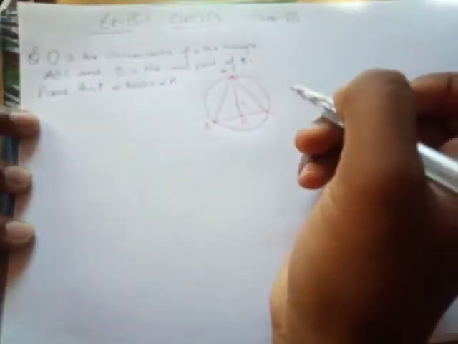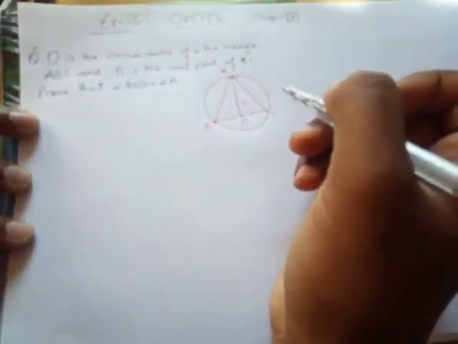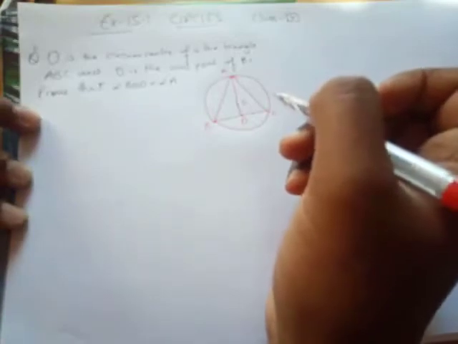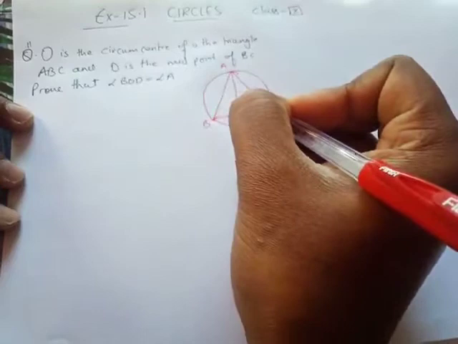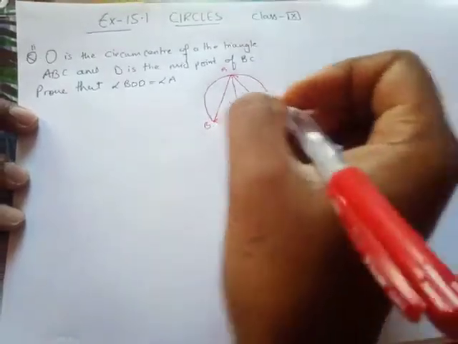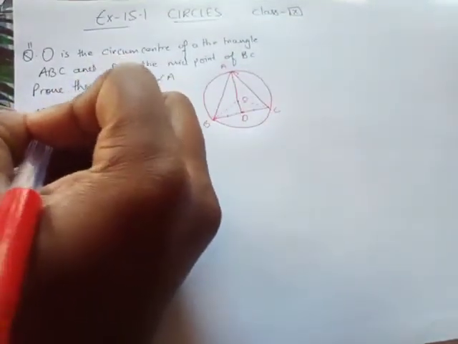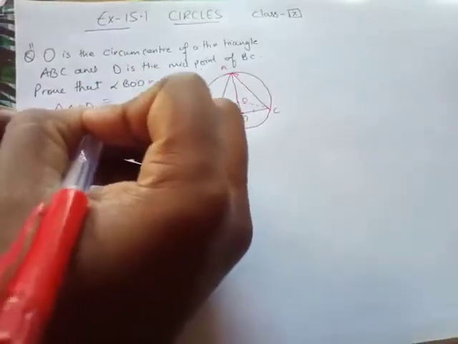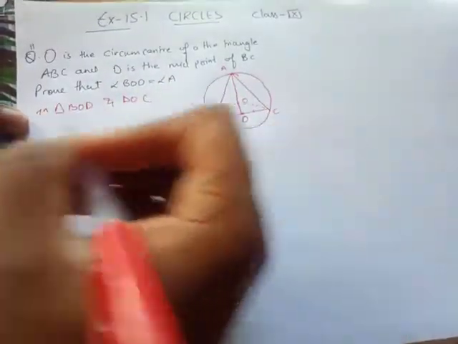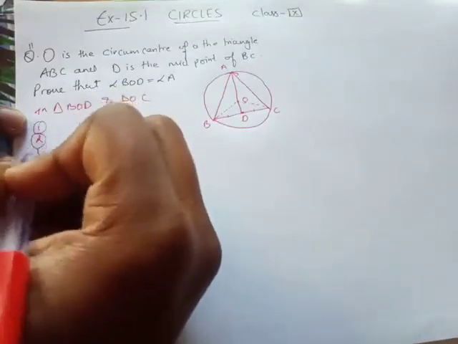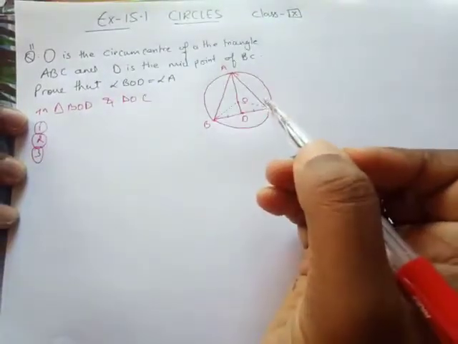What can I prove in this? If I draw a line like this, I will be proving in triangle BOD and triangle DOC that both triangles are congruent. How do I prove both triangles are congruent? There are three things I need to prove.